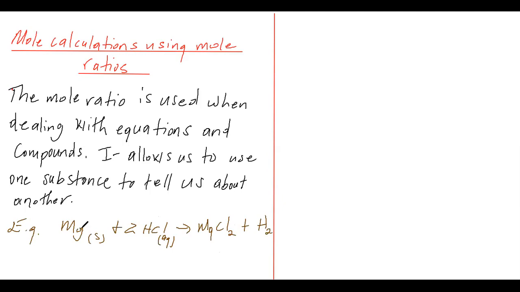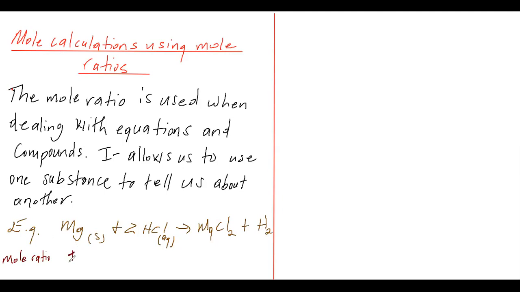You have an equation like this. You can look for the numbers in front of each substance in the equation and write down the number beneath it. So in this case here, because there's nothing in front of the magnesium, we assume that there's a number 1.